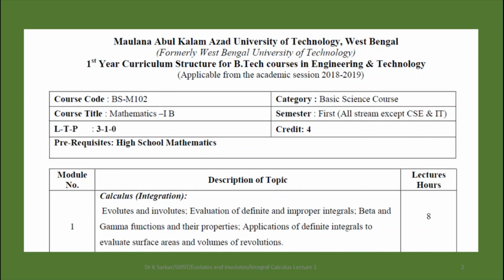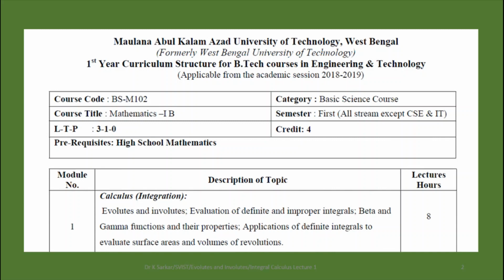Here I am discussing module number 1, that is Integral Calculus. Topics are evolutes and involutes, evaluation of definite and improper integrals, beta and gamma functions and their properties, applications of definite integrals to evaluate surface areas and volumes of revolutions.